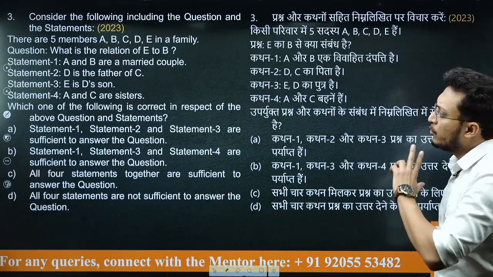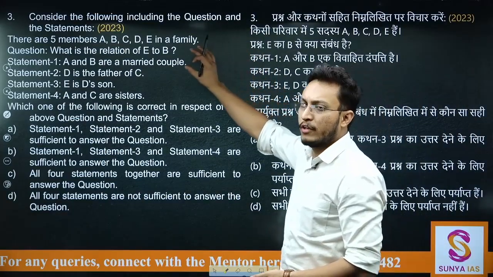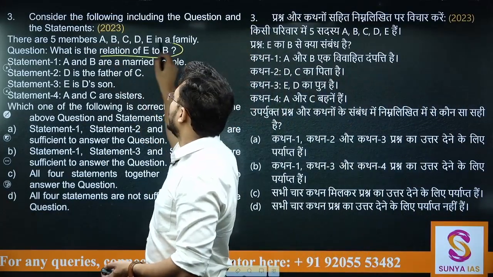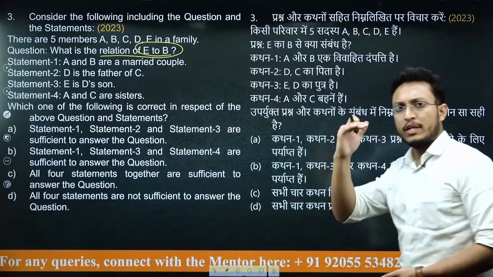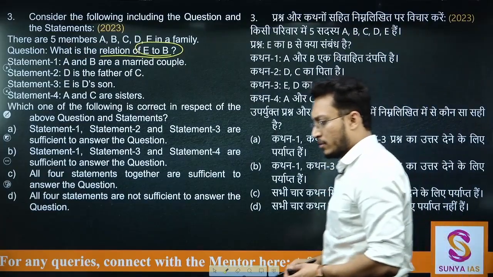Now the next one is from 2023. Here again a question is given: what is the relation of E to B? We need to find the relation between E and B, and certain statements are given.